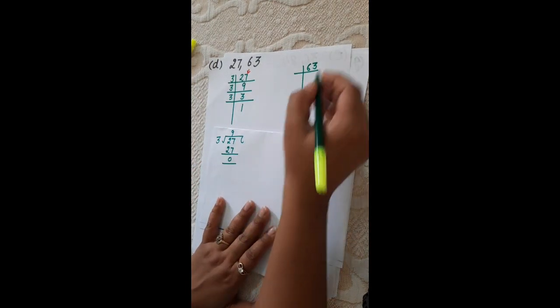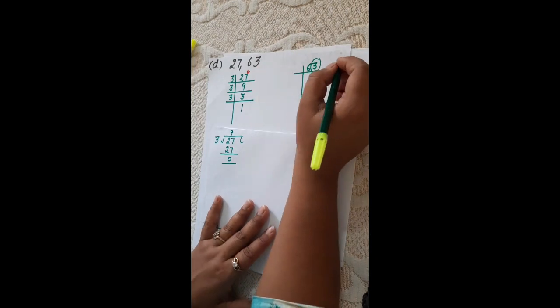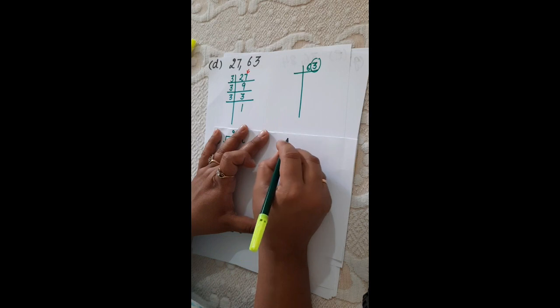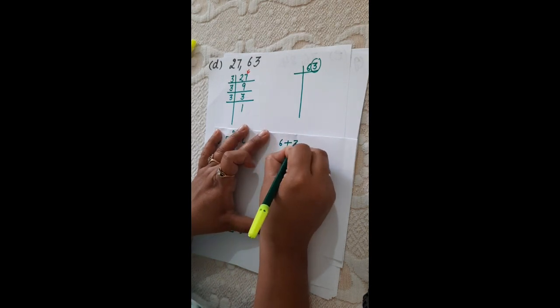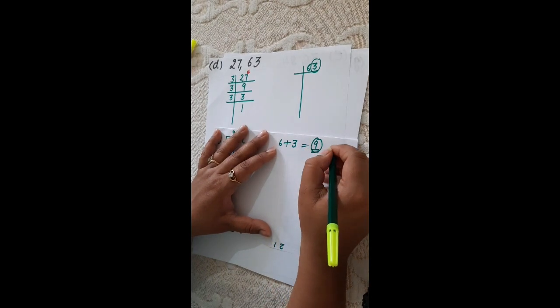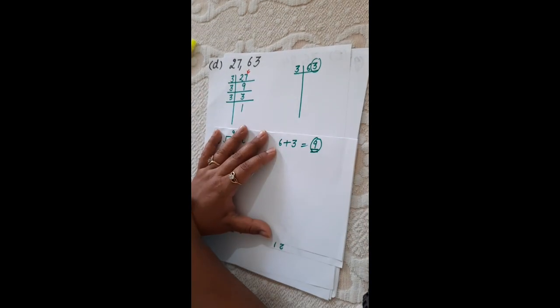Then we have 63. Here the ones digit is 3, so it is clear it is not divisible by 2. If you want to check whether this number is divisible by 3 or not, we did the divisibility rules earlier. Just add the digits, you will get 9, and 9 is divisible by 3. It is a multiple of 3, so it is divisible by 3.